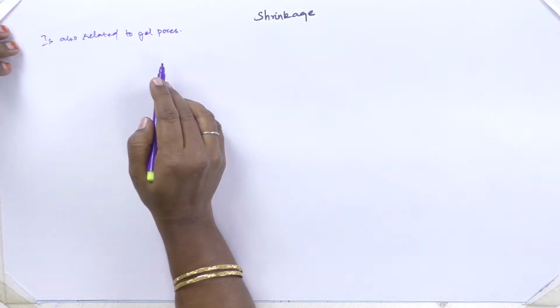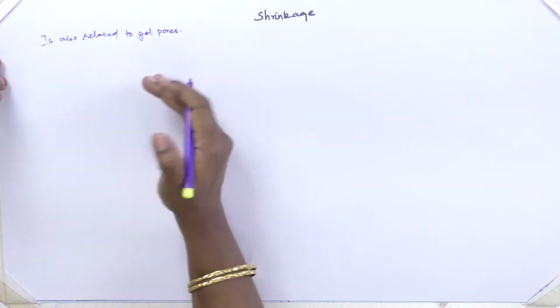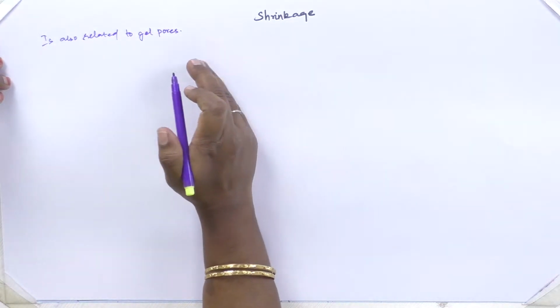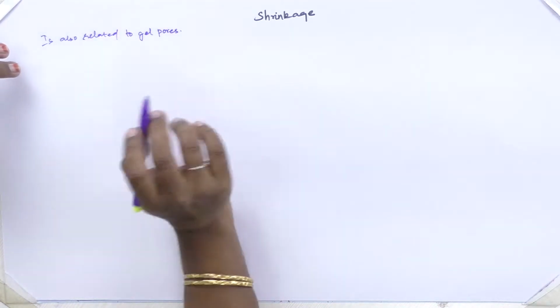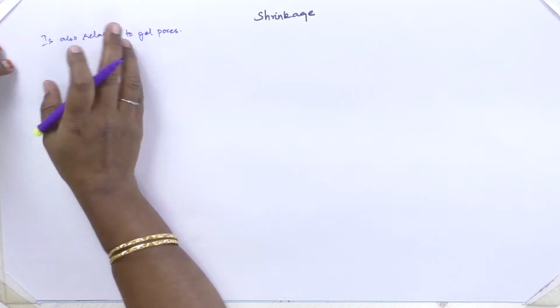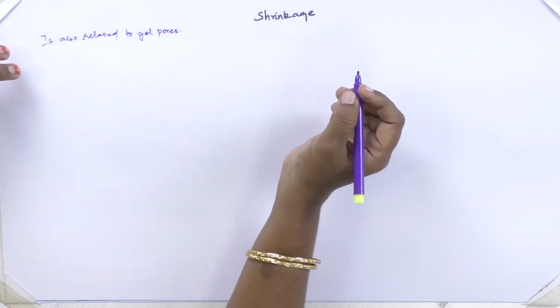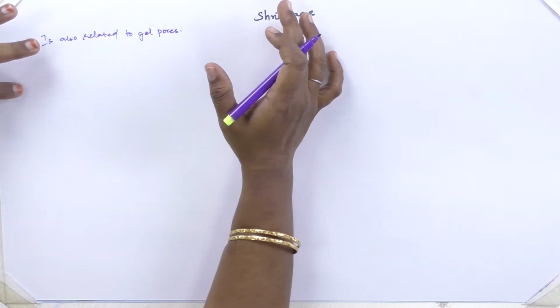Here also we will be exhibiting the same phenomena as that of the creep. Here also we can see that because of the movement of water from gel pores to capillary pores, the shrinkage occurs.